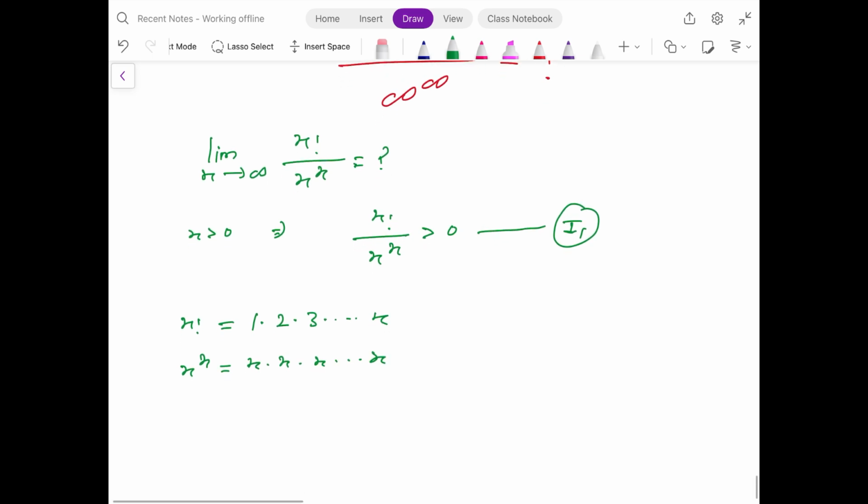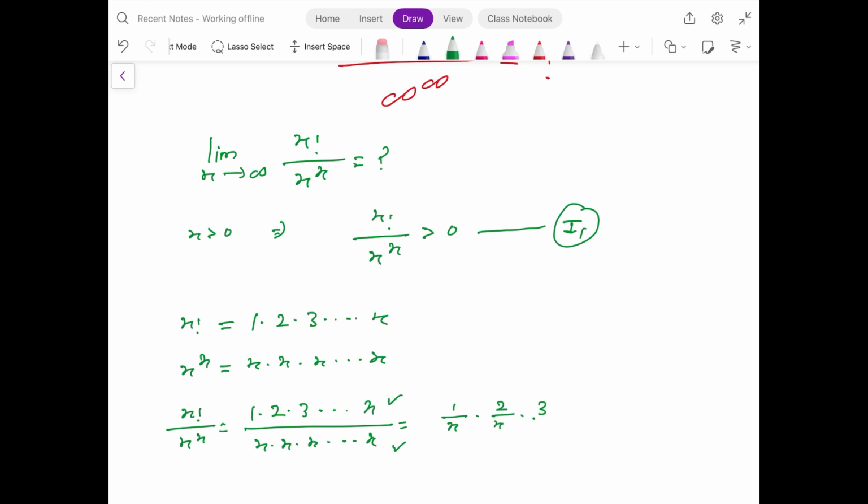So the ratio of these two quantities, x factorial divided by x raised to x, will be 1 multiplied by 2 multiplied by 3 up to x, divided by x multiplied by x up to x. If we rearrange this ratio, the result will be 1 divided by x multiplied by 2 divided by x multiplied by 3 divided by x up to x divided by x.